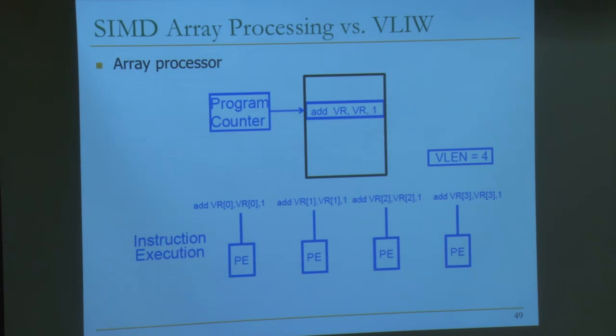Whereas here, you're restricted to executing the same operation across multiple data elements in the same cycle. If you cannot do that, for example, if your vector has only one element, which means that you have a scalar value to operate on, well, you cannot utilize these functional units in the same cycle, right?